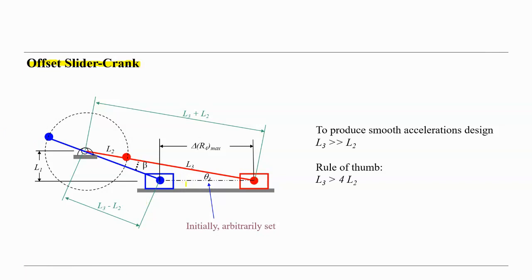So again, we also need the information about the space where we are going to apply the mechanism, where we are going to use the mechanism. So how much space we have. So this is an initial arbitrary set.